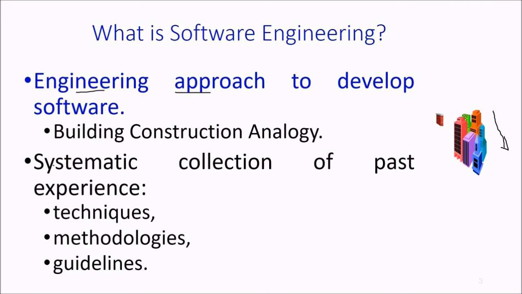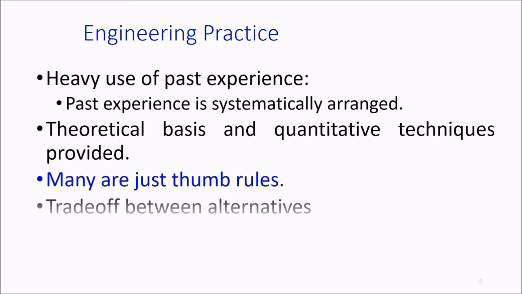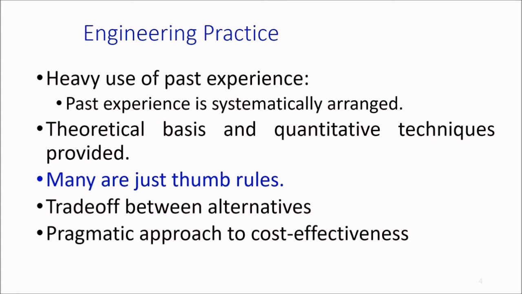You can also say that it is a systematic collection of past experiences, techniques, methodologies, and guidelines. Software engineering discusses systematic and cost-effective techniques for software development, and these techniques help develop software using an engineering approach. What about engineering practice? We have heavy use of past experience, what people have done, and this past experience is systematically arranged.